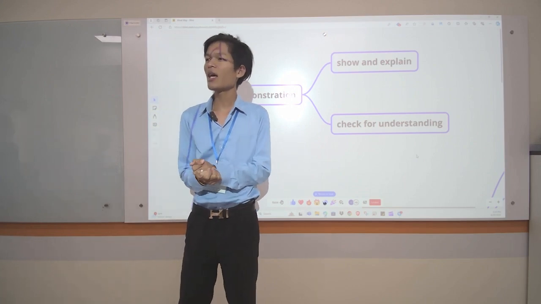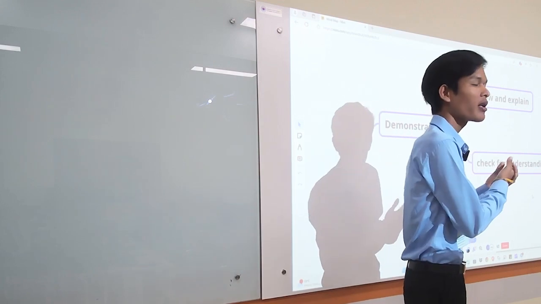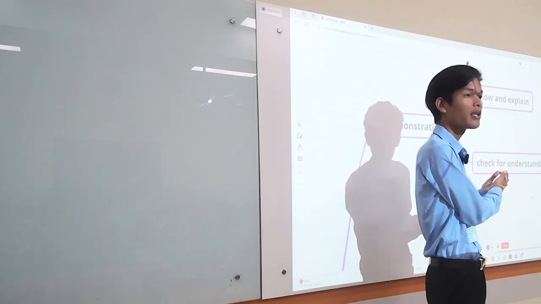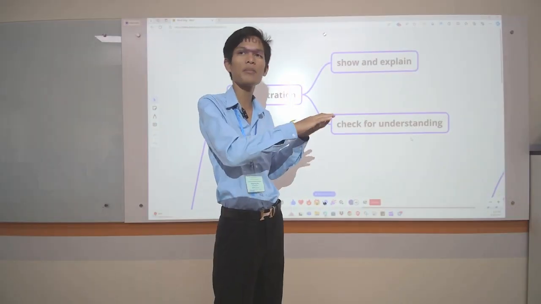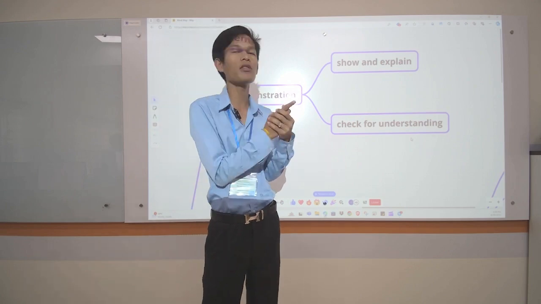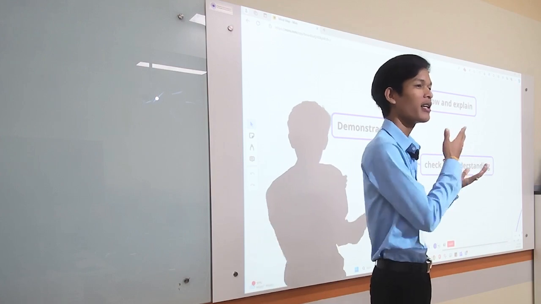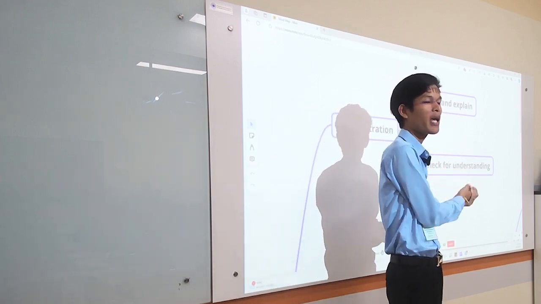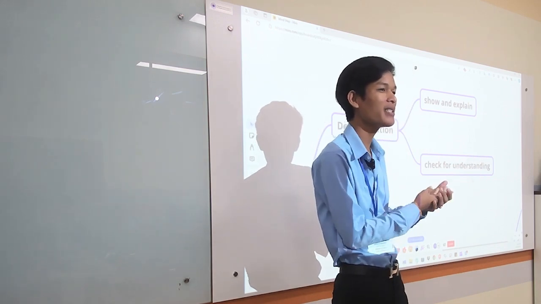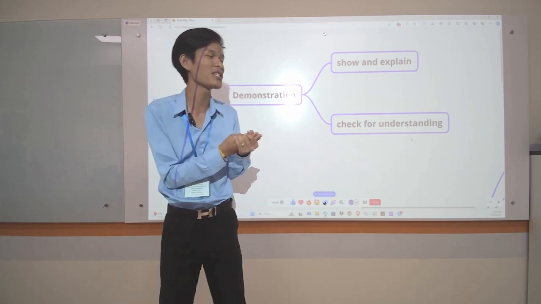What that means is the teacher shows students what relates to the topic, the content, and explains something related to it. For example, I would like to give an example about gravity, so the teacher explains to students that every object that has mass has gravity.